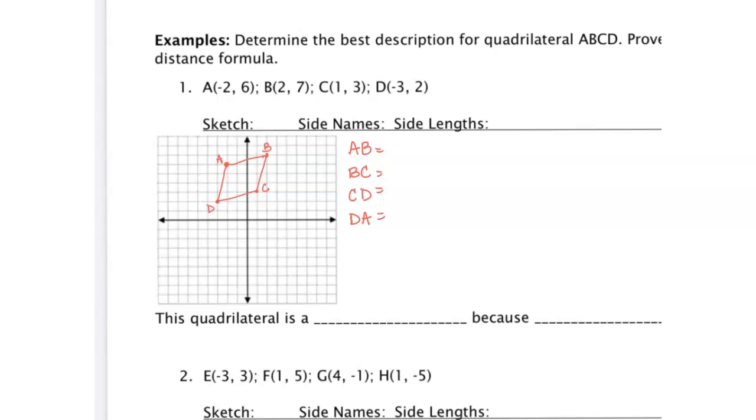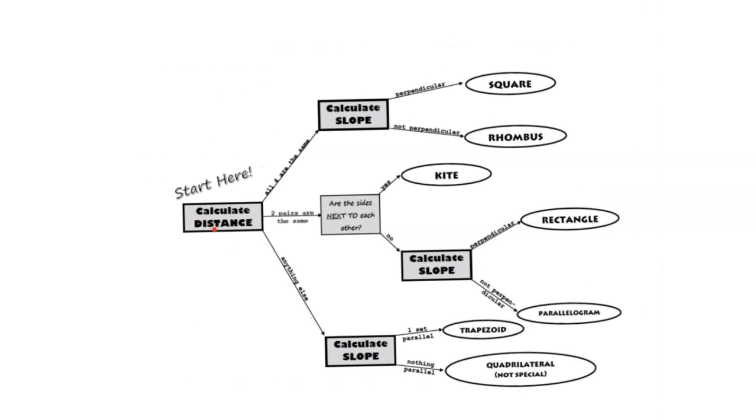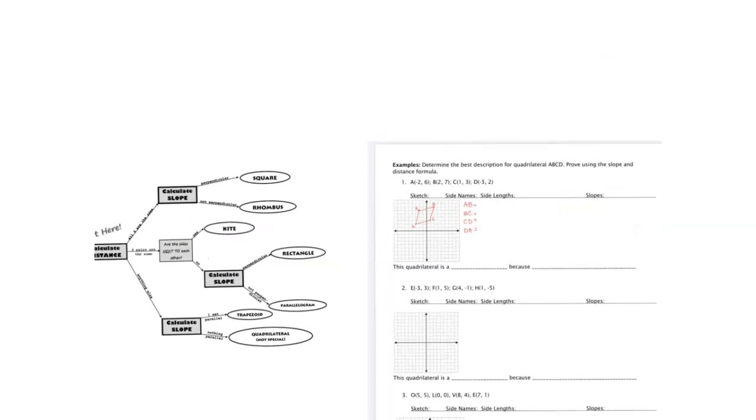What we need to do first is determine the distance between each of these points. Like, what's the distance from A to B? That distance will represent this length. If you go back to our flow chart from the first page, we were told to first calculate the distance. So we need to calculate our distances.